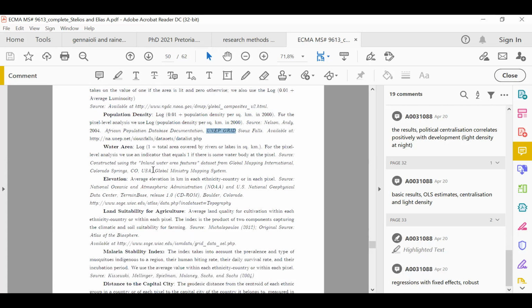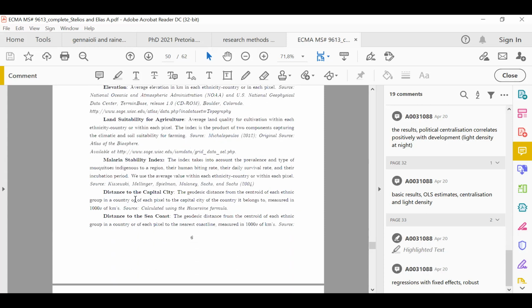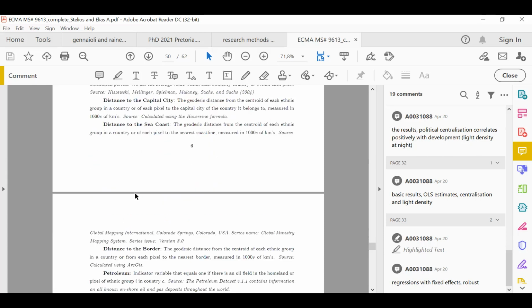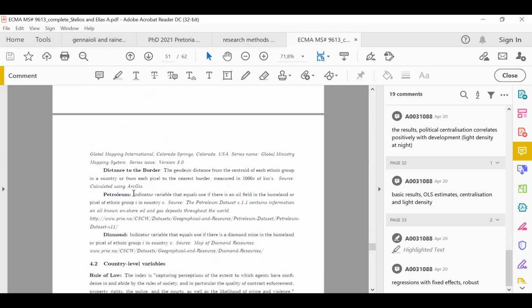Water area, global mappings. A lot of data coming from American NGOs, which collect data. Also elevation, land suitability, malaria. They use a lot of data because they don't run the regressions using all those data, but they use different sets of data for robustness.